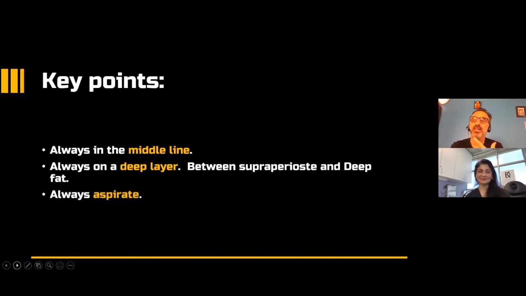Always aspirate. In my master class in my office, when we start, I give my students an empty syringe, and I ask them, during the whole master class, which is more or less 7-8 hours of teaching, to do this: aspirate and inject.